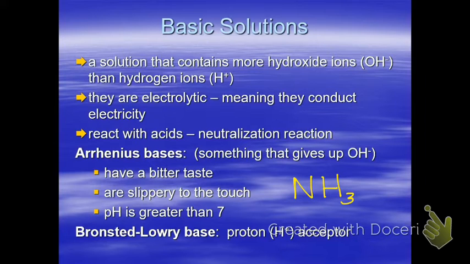So they had to change the definition because this doesn't have hydroxide in it, but it can accept a hydrogen ion. And if NH3 were to take a hydrogen ion and bring it into its formula, this is what it would become.